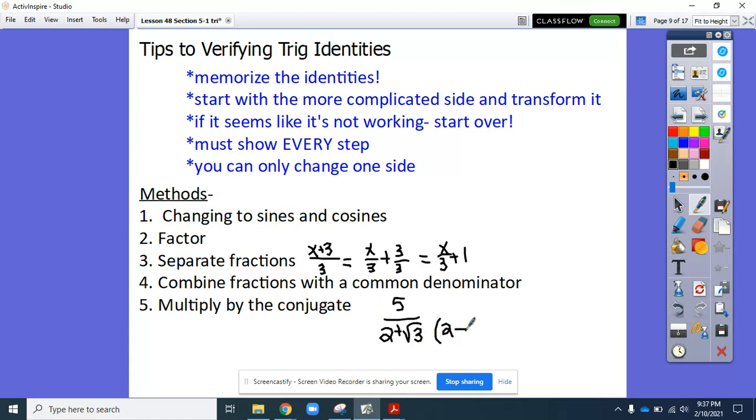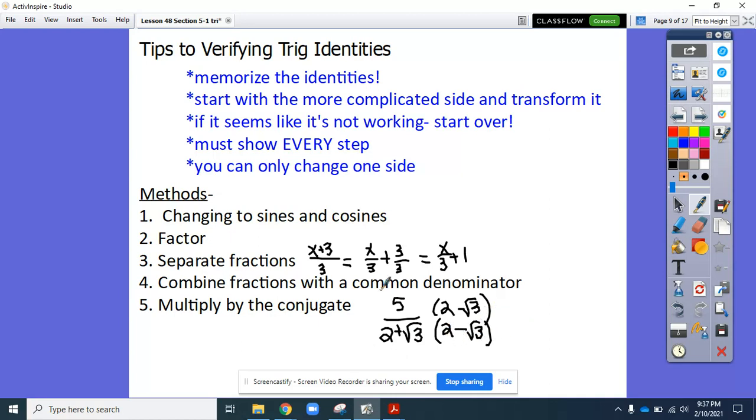I use the conjugate. 2 minus root 3 is the conjugate. So that's what I would use. I do it because the conjugate makes really good things happen. When you FOIL them out together, they cancel out, not completely, but the radical term does. So here I would get 4 minus 3, which would just be a 1 in the denominator. So that would be friendly.